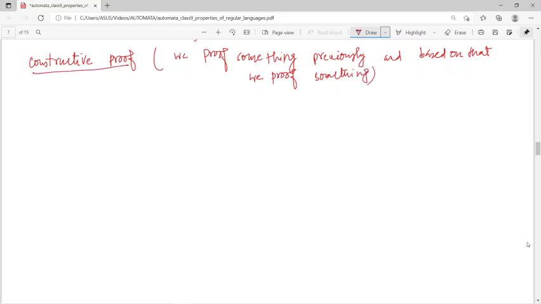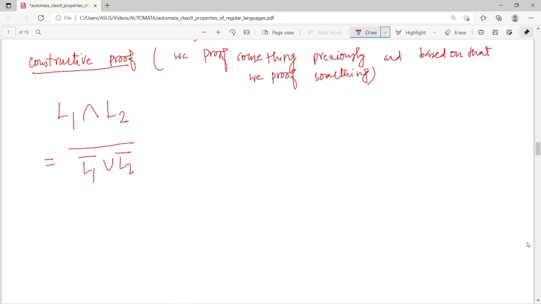Now we have to prove the intersection, that means L1 intersection L2, that regular languages are closed under intersection. So what we can say is, L1 complement union L2 complement, then complement, and we will get the intersection, that we know by the mathematical formula.